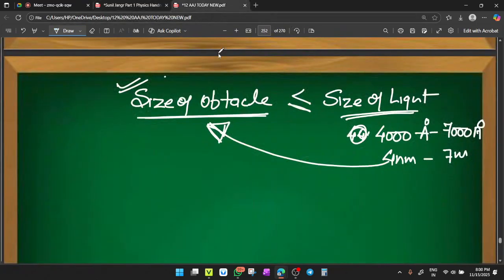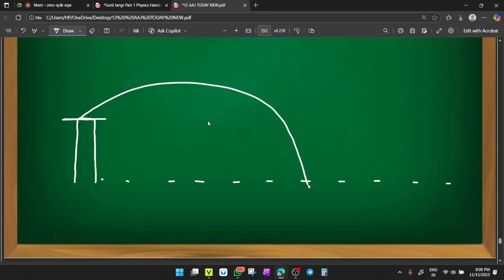See, suppose there is some place at the top, and there is a river at the bottom. You have thrown a stone at the bottom somewhere on the pond or lake. So there is a disturbance. You have created a jerk here.